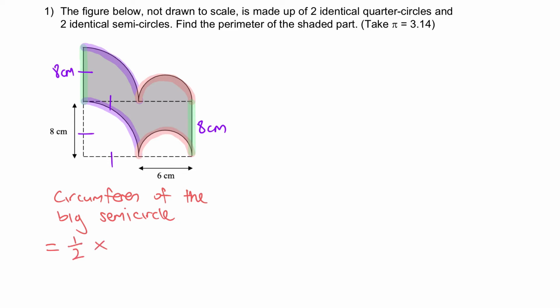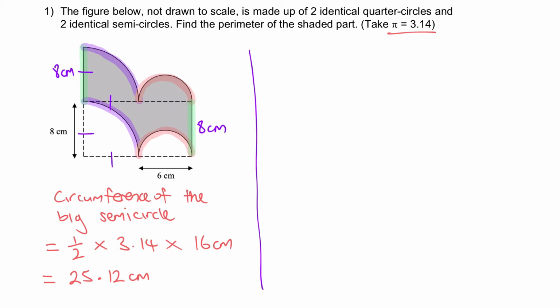Half times pi, 3.14, times the diameter. Circumference, so the circumference is pi times the diameter, which is 16 cm. And the answer is 25.12 cm.